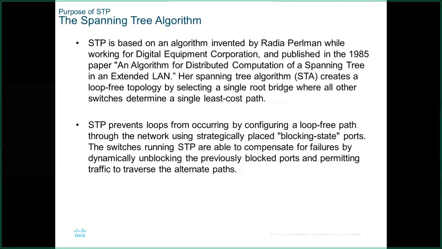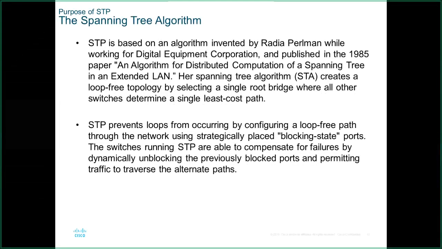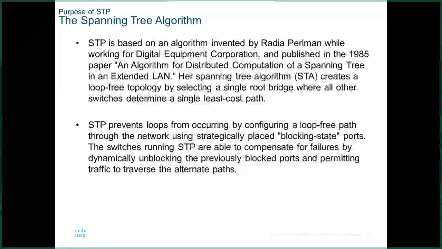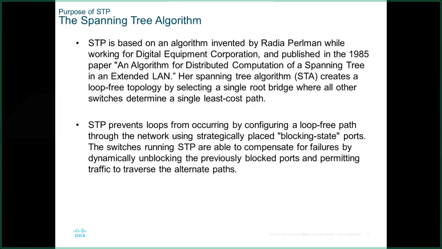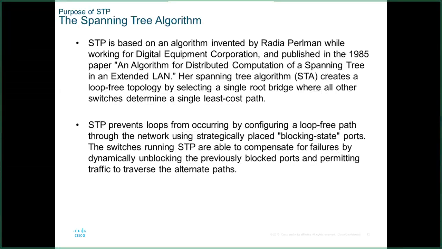And this prevents loops by calculating that, oh, I've got multiple ways of getting to the same point. I'll block one of the ports so that I don't have a loop.